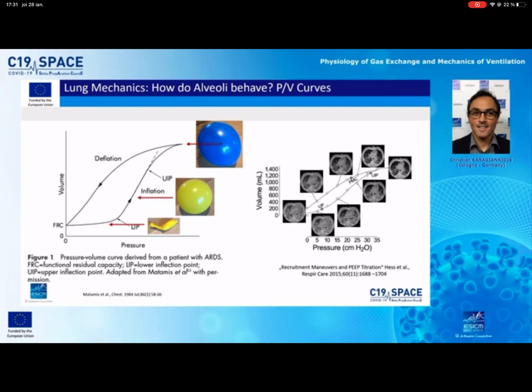You may measure that in general for the whole lung with a pressure volume curve. On the left-hand side, you see that we have a certain volume of the lung still left, but with a completely closed lung.